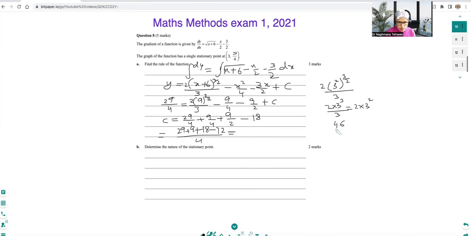So 29 plus 9 we need to work out, which would be 56, and then you have 72, take away 56.